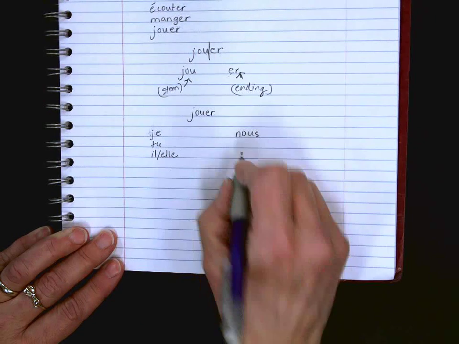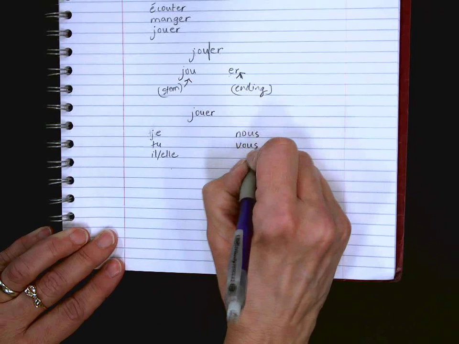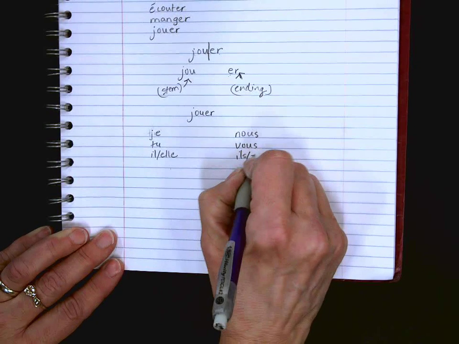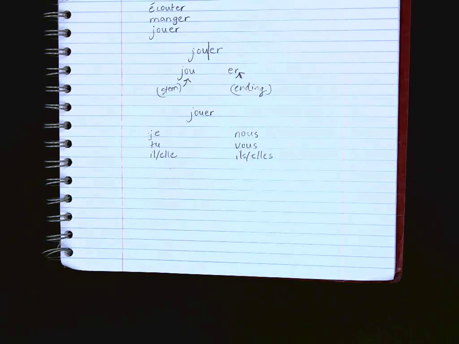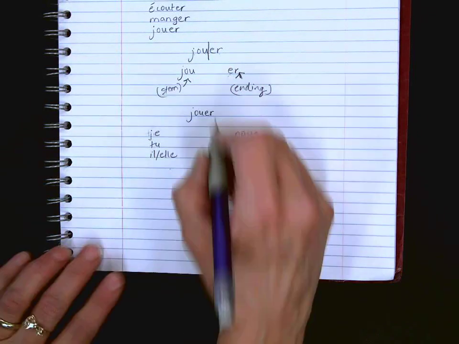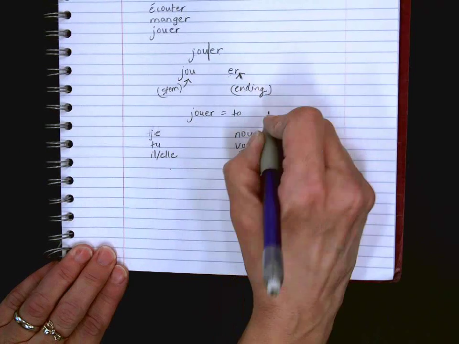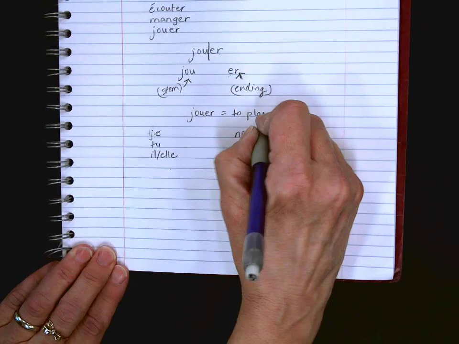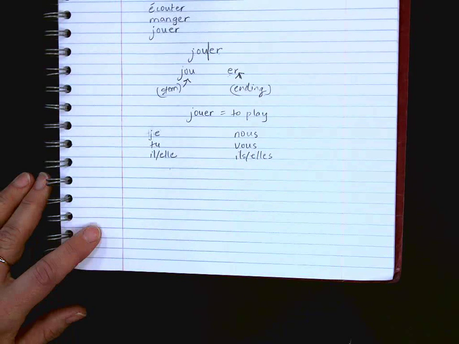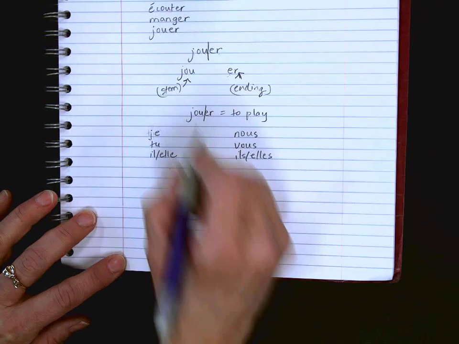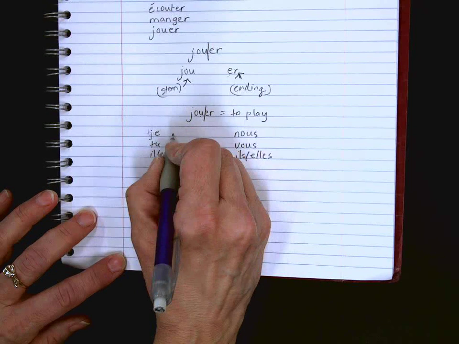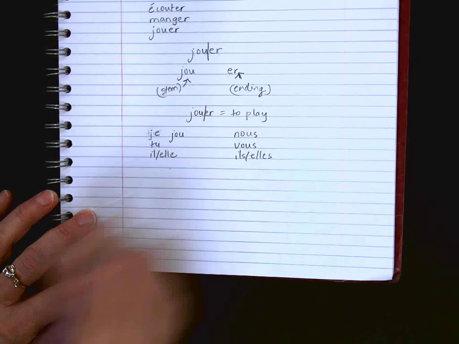Nous, vous, and ils, elles, plural. So jouer means to play. And your first step is to take off the ER. So you end up with a stem, jou.